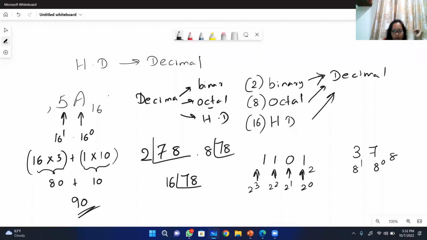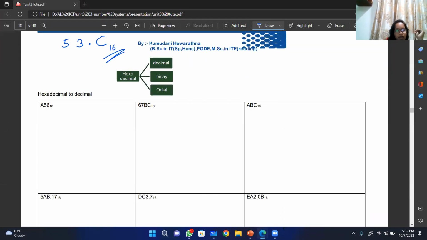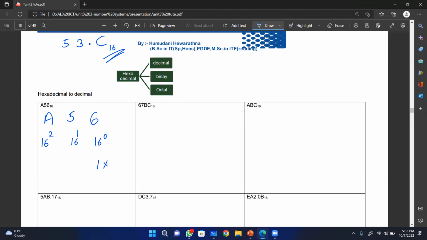Right, now we'll move on to tutorial 1, hexadecimal to decimal conversion. That is page number 18. First one we'll do is A56. You have to write down the place values and then add. 16 to the power 0, how much? 1. 1 into 6.